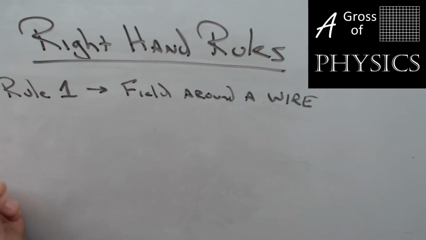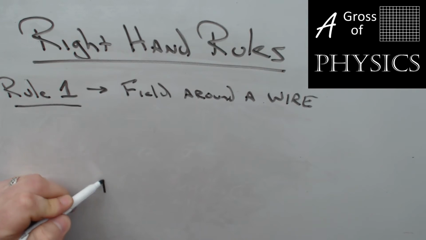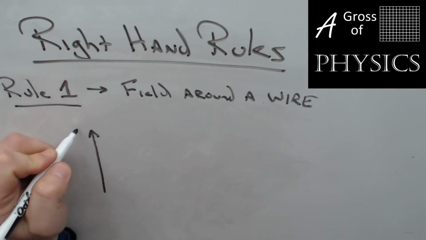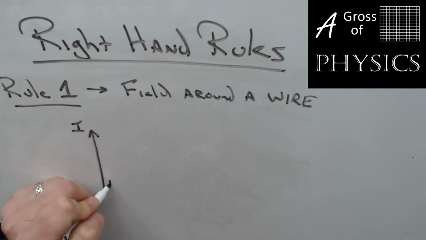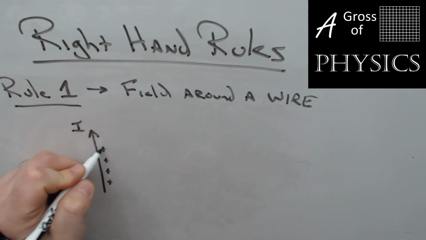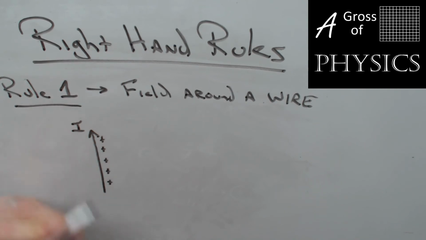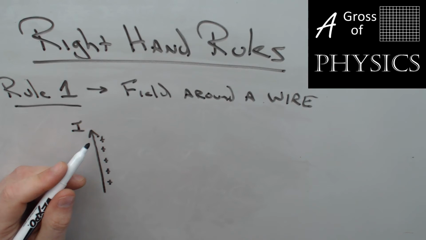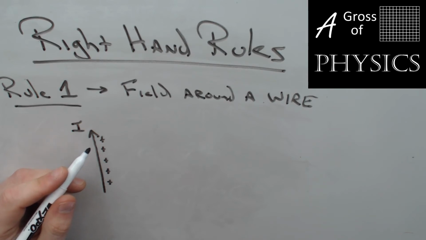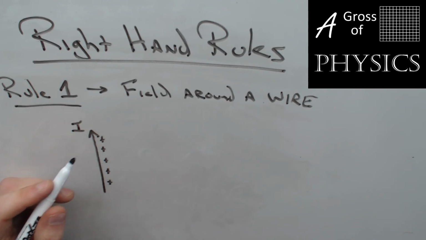All right, the first right-hand rule, rule number 1, is representing the field around a wire. And if we have a wire where the charge is flowing up on the page, and that's the direction of positive charge, and I know that positive charges don't move, but the right-hand rules represent proton motion. What you're going to do is place your thumb in the direction of the wire, in the direction of the current flowing through the wire, and your fingers will wrap around in the direction of the field.